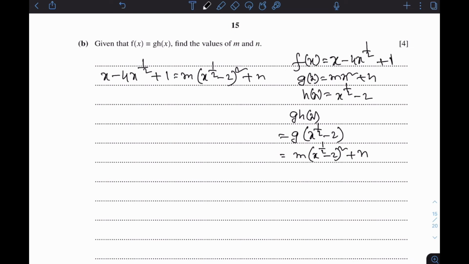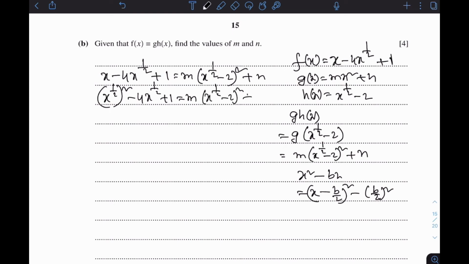So let me write this one in that form. We know the formula for completing the square. x squared minus bx equals (x minus b by 2) whole squared minus (b by 2) whole squared. So first let me arrange x to the power half plus 1, m (x to the power half minus 2) plus n.